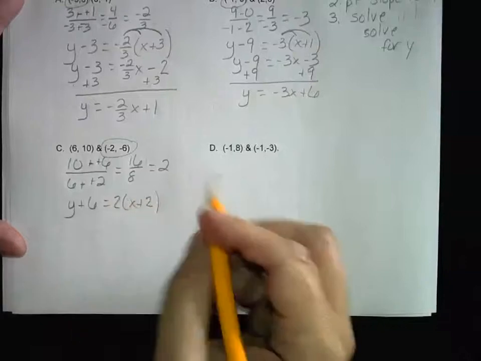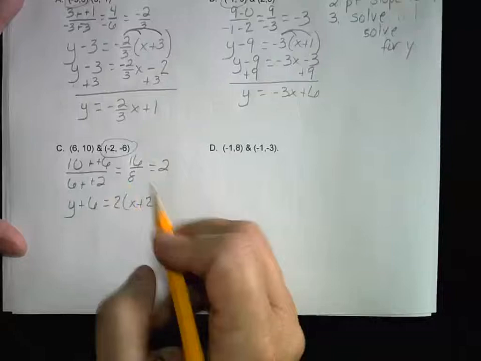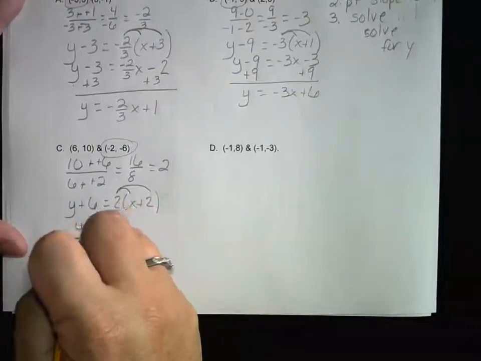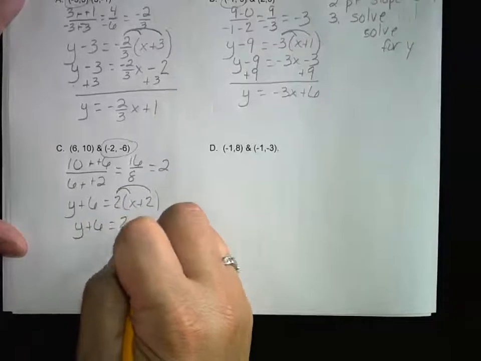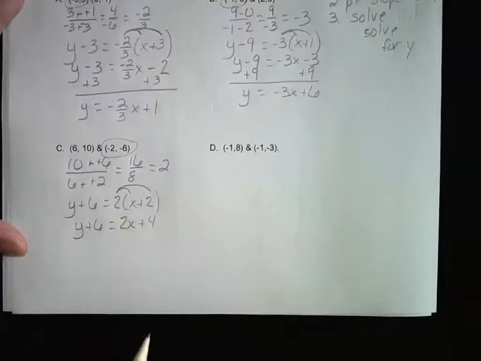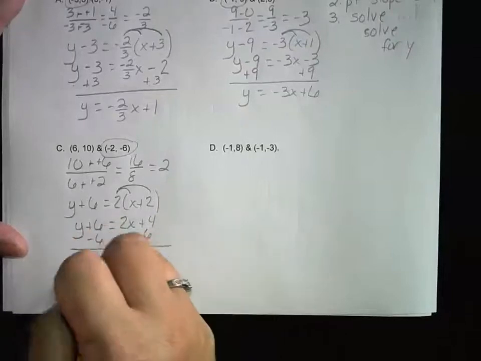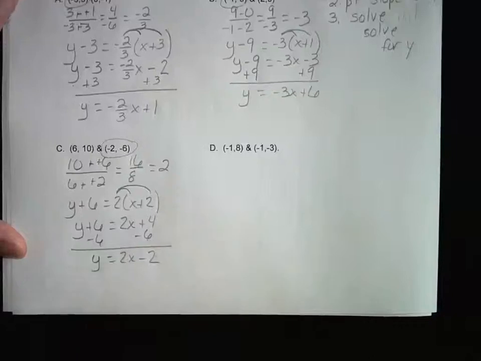Remember, the opposite of that goes in. The opposite of that goes in. And as you distribute, that becomes y plus 6 equals 2x plus 4. And subtracting 6 from both sides, you have y equals 2x minus 2.